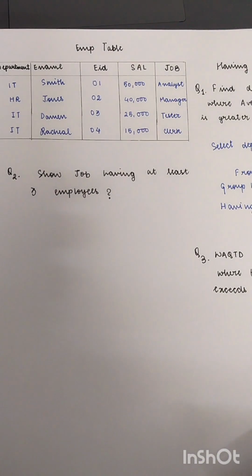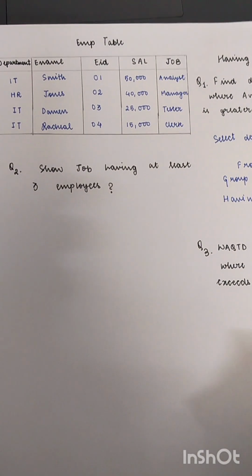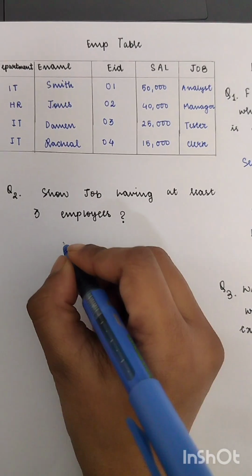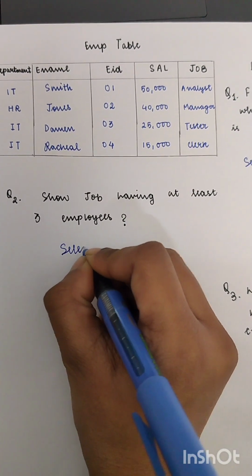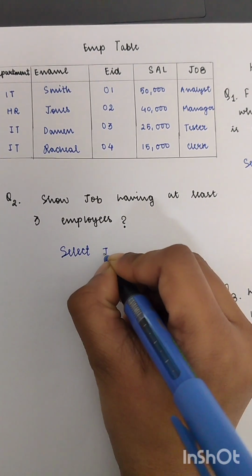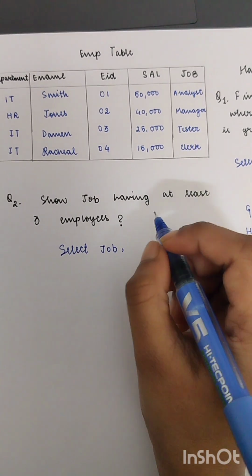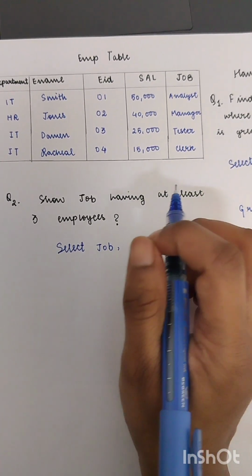So this is the query. Now second, show job having at least 3 employees. Now how to write it? First of all, we want job. So select job. Then we want count of the employees.